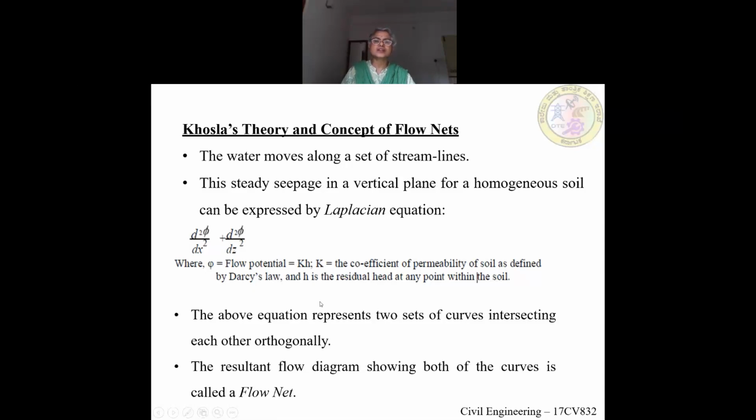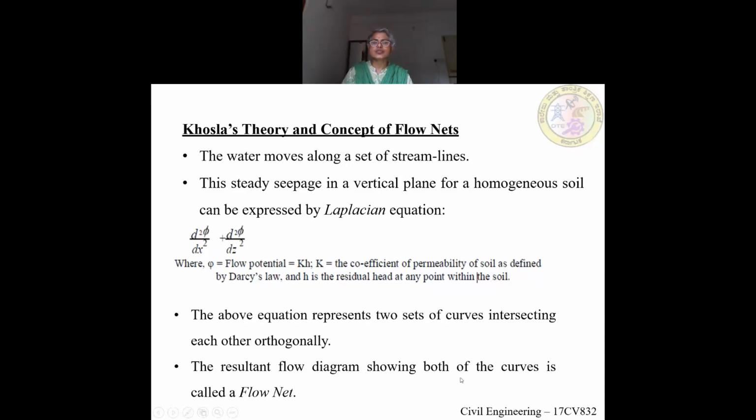This equation represents two sets of curves intersecting each other orthogonally. So in a flow net, you have two sets of curves. One is the streamlines or flow lines. The other is the equipotential lines, which are orthogonal to the flow lines, as you have already studied.